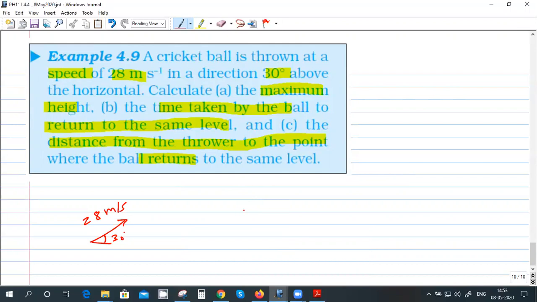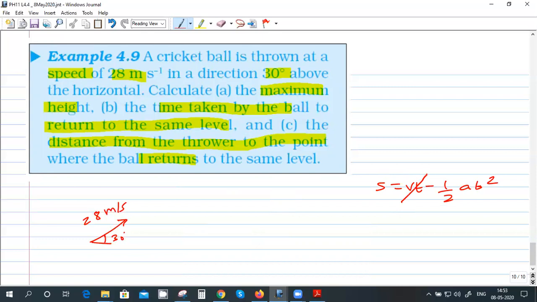We already derived it. So first thing is we can calculate the time to reach the maximum height. If you know the time taken to reach the maximum height, after that we can use s equal to vt minus half a t square.